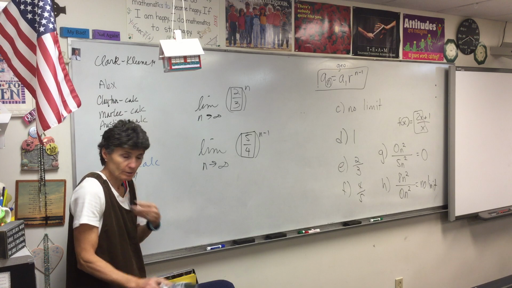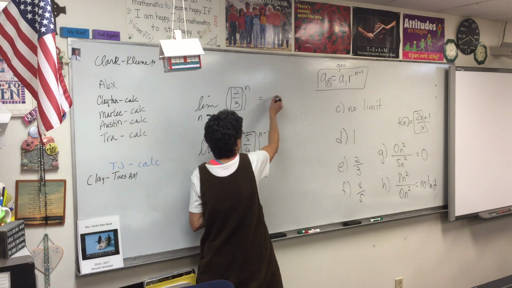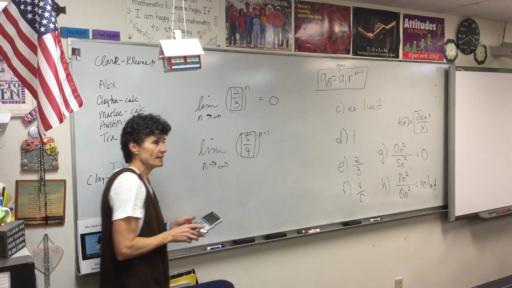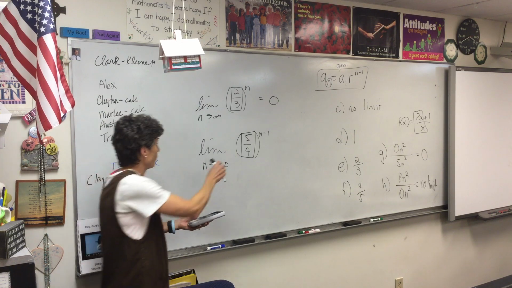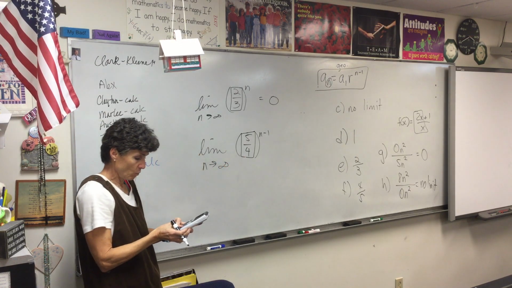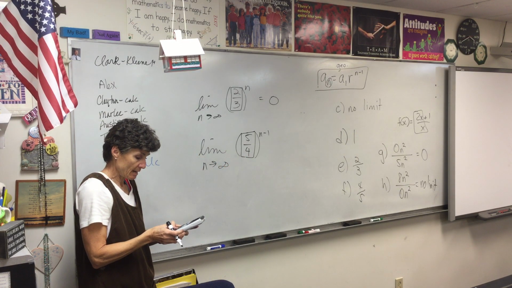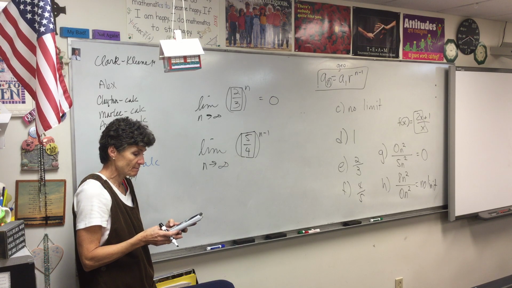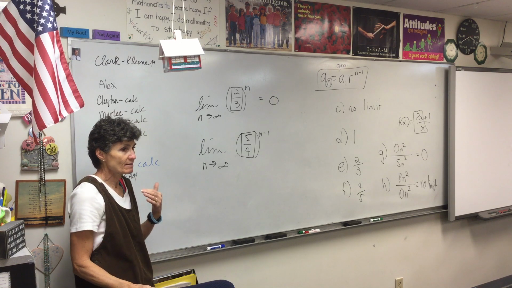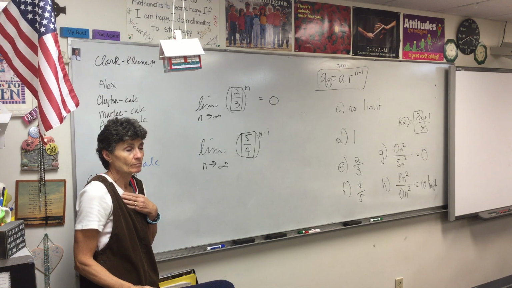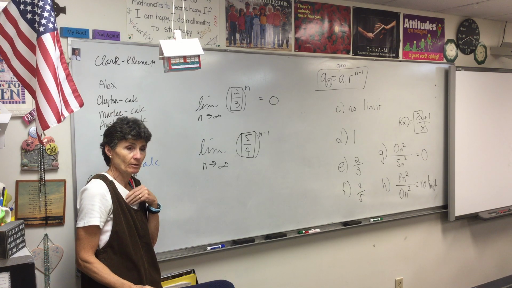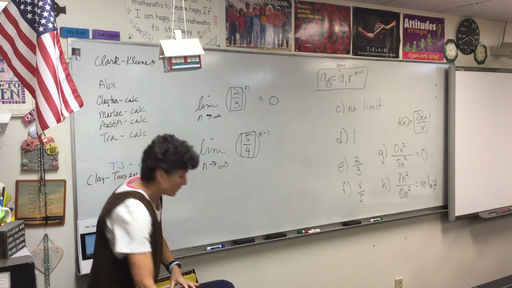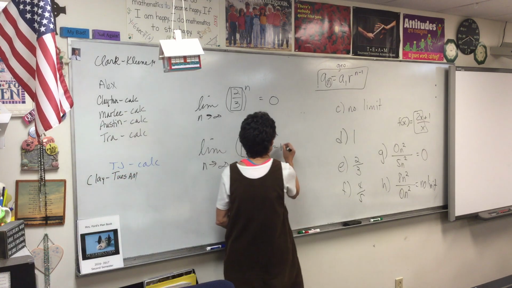So the limit is 0. It just keeps getting smaller. Now, multiply 5/4 times 5/4 times 5/4 as many times as you can. What's happening to that? It's getting bigger. This one has no limit.